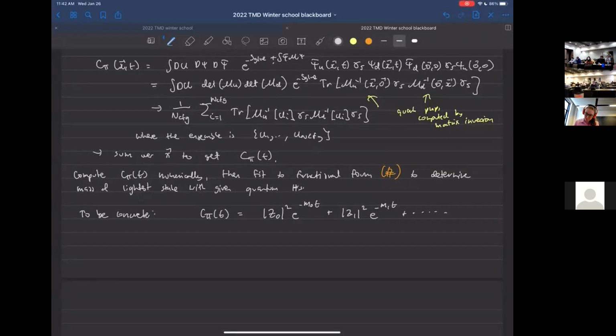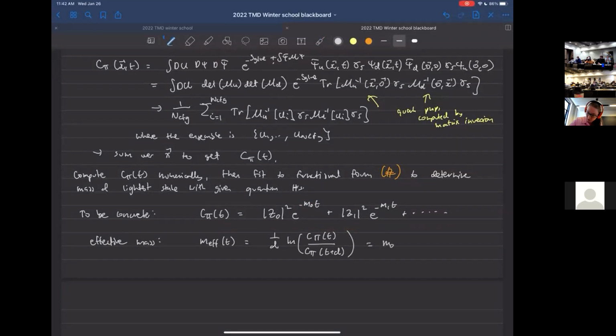a multi-exponential sum. So what we will typically do is create what's called an effective mass function, which is defined like this. Which is just the log of the ratio of this thing at different times, right? Taking the log of the ratio at different times, it's obviously going to pull out that m0 constant plus some correction.